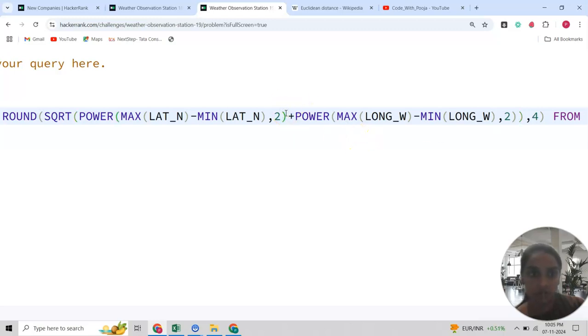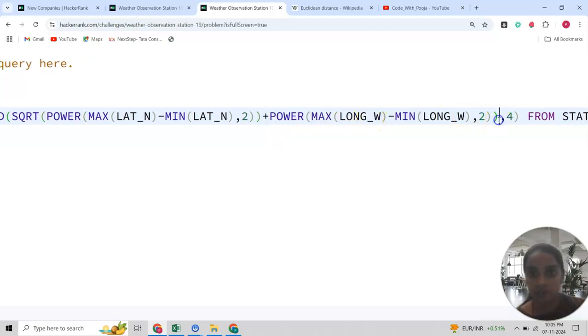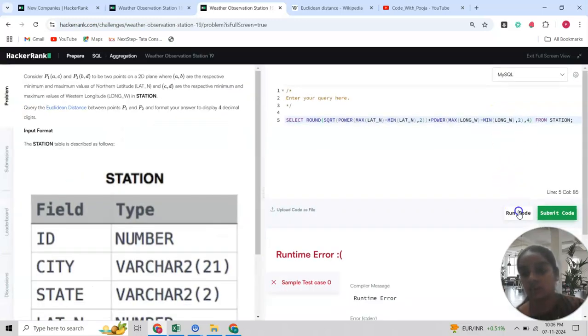It is for max. Don't need this, and this is for the power function. Now this is for SQRT. Now this is for the max, longitude, latitude, and now it is for power, and now it is for the SQRT. Now it was correct.